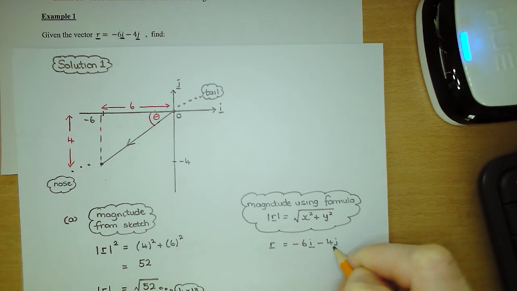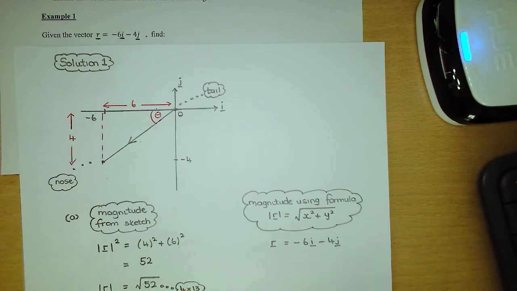So we're just going to get the magnitude directly without using a sketch. So magnitude of r is going to be the square root of minus 6 all squared, plus minus 4 all squared.